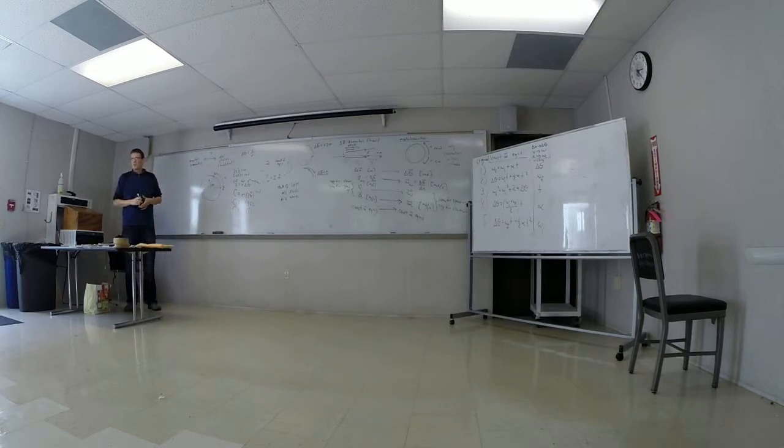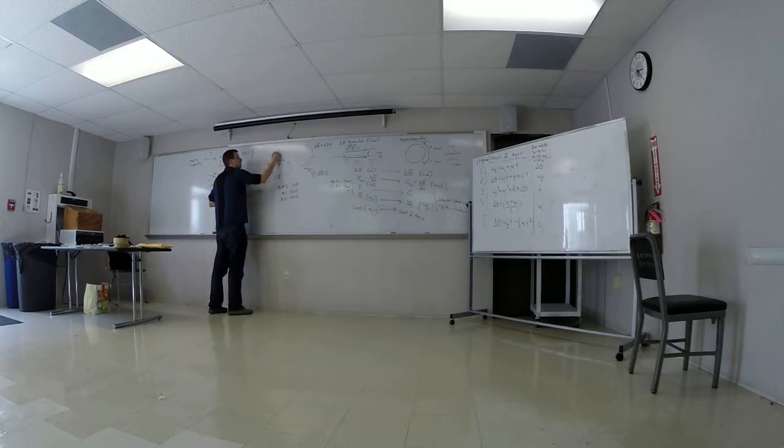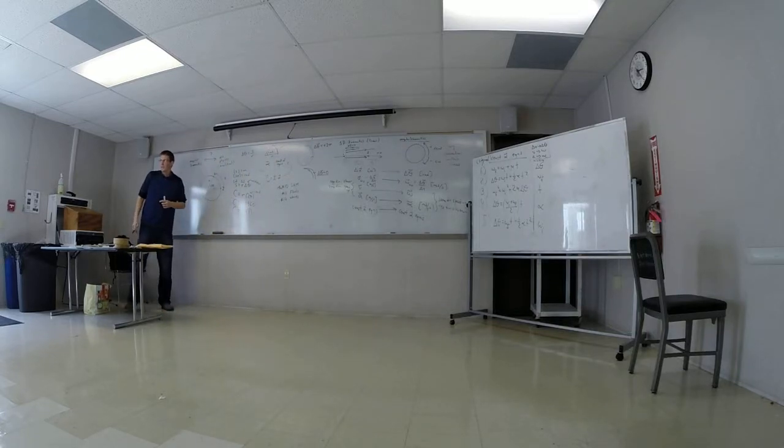It's the ratio of distance traveled along a circle to the radius of that circle. If you want to see what a rad is, here's what a rad is. If this is the same distance as this, so s is equal to r, that is 1 rad. So now you know what a rad is, okay?